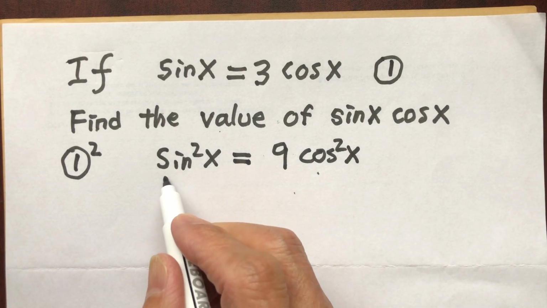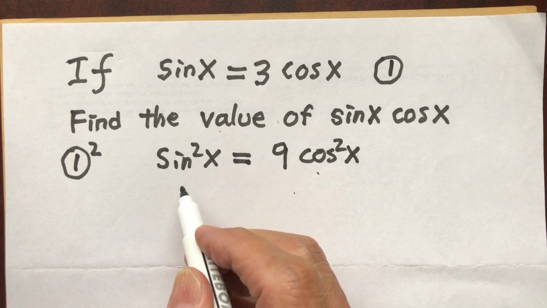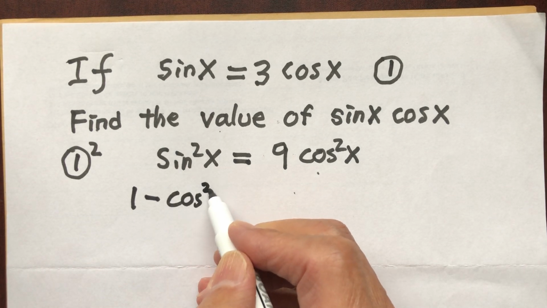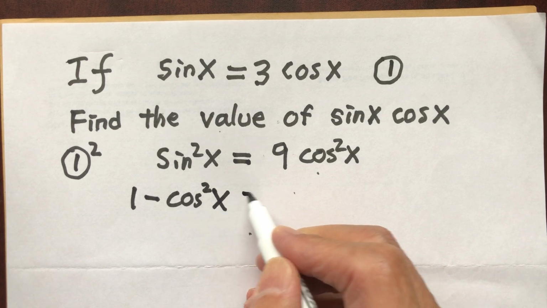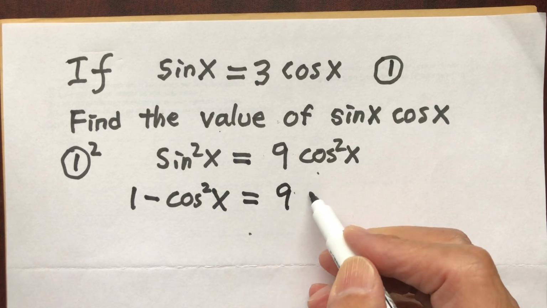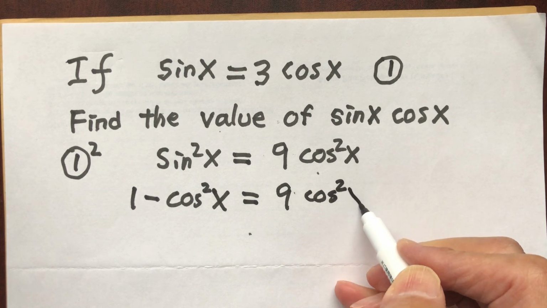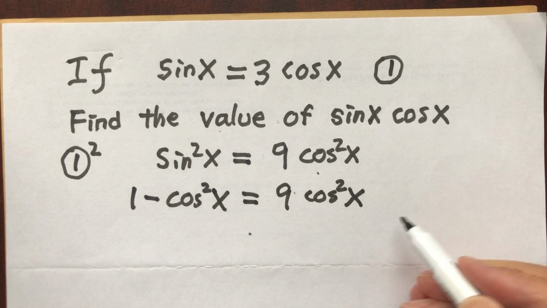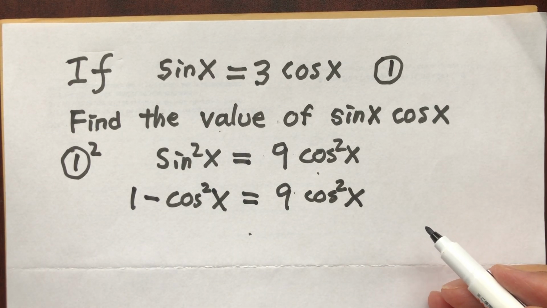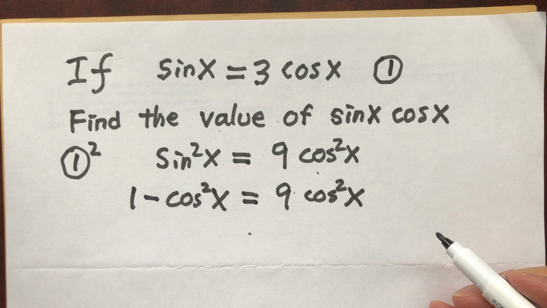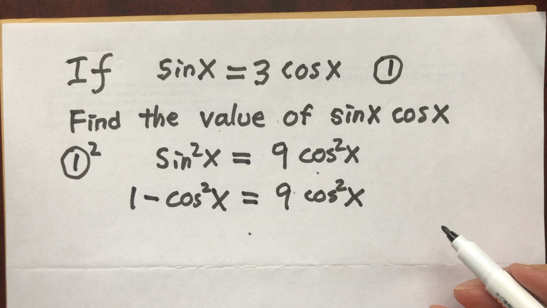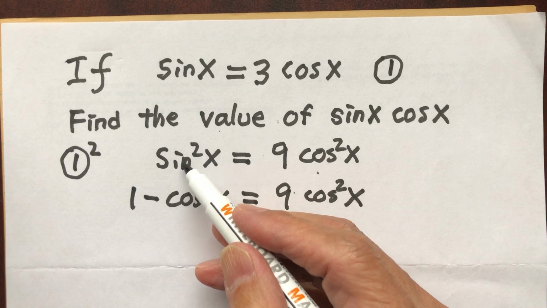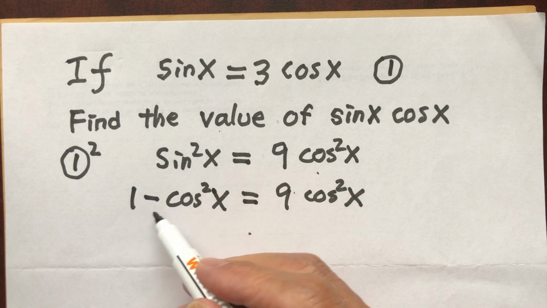And I change sine square into 1 minus cosine square. This again is the result of sine square x plus cosine square x equals 1. I am using the identity to rewrite sine square into 1 minus cosine square.